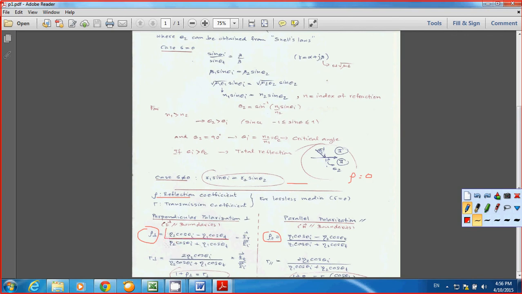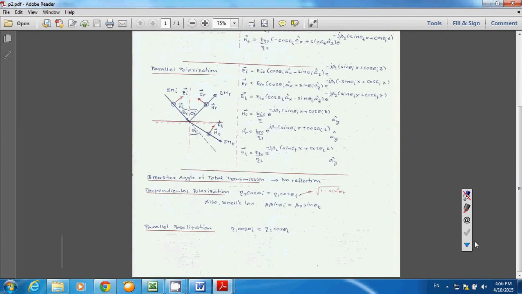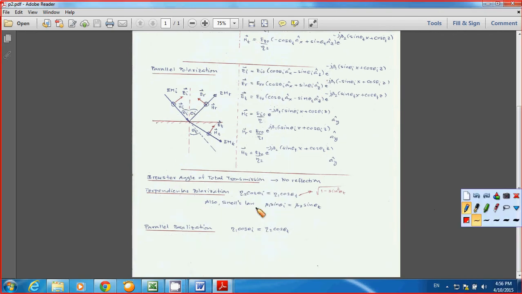So that means the numerator has to be zero, and the same for parallel polarization, this term has to be zero, right? So you can find theta I. So that's what I have here. You can use simple math to solve the problem, right?